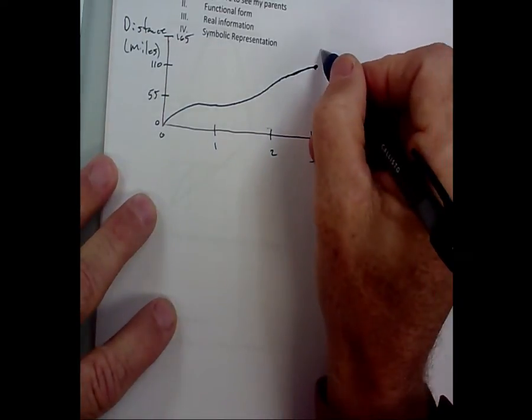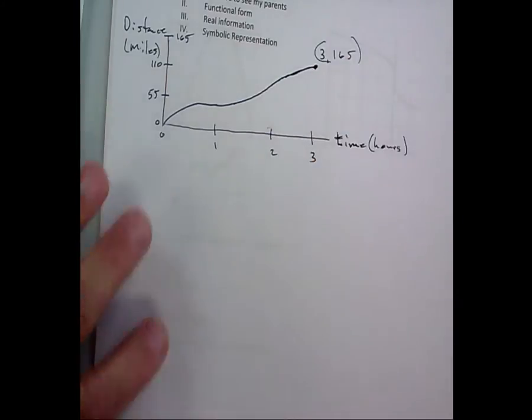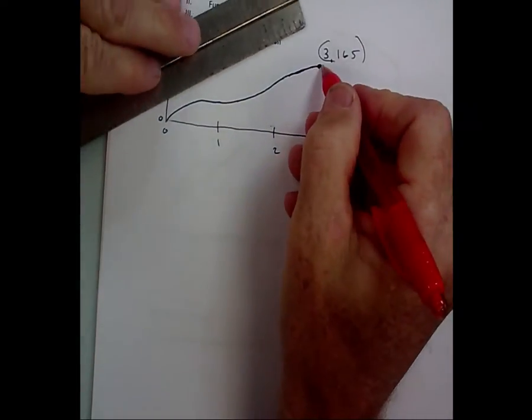So this point is 3, 165. So grab a ruler, grab a color, and I'm going to connect these two.